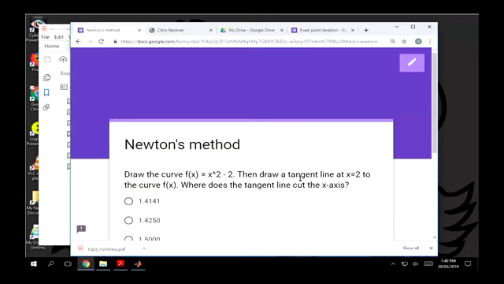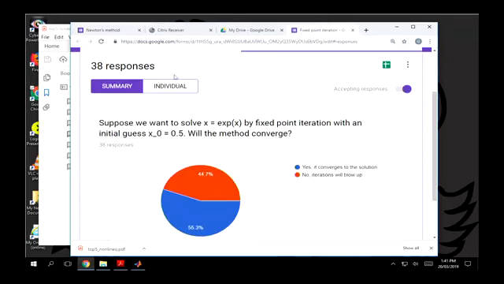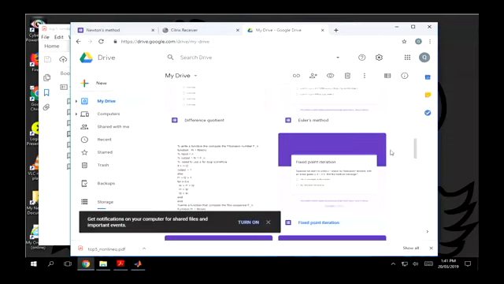It could be one of these five choices: 1.4141, which is about square root 2, or a bit bigger, 1.5, a bit bigger than 1.5, 1.6. So now draw a curve and draw a line, and see what the correct result is. Let's see Newton's method.